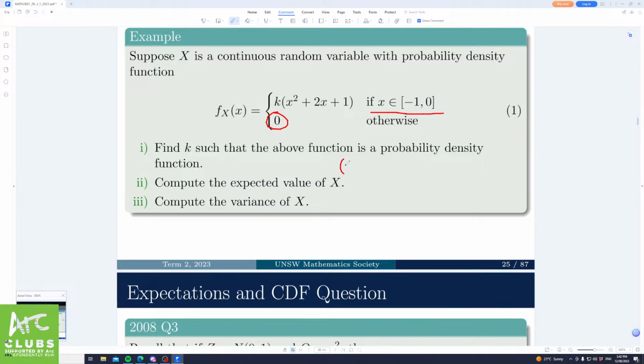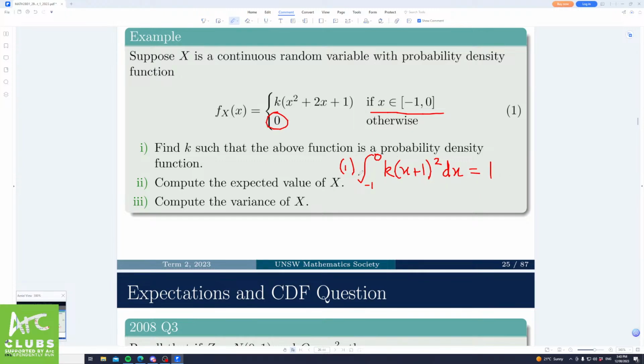So I can do that here. We have the integral from -1 to 0, because that's the interval our x can take, of that PDF, which is k times x squared plus 2x plus 1. We can write that as just x plus 1 all squared dx. We know that this has to equal 1.